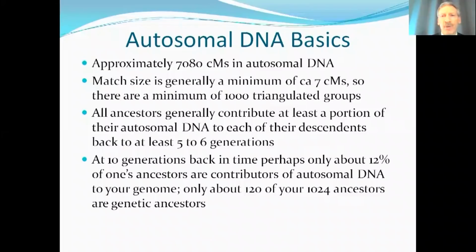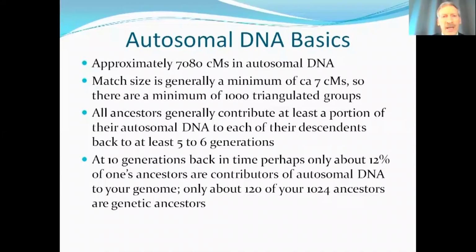You can sometimes go down to 2 to 3 centimorgans in selected situations, but in most people's cases, they're looking at matches over 7 centimorgans. So there's about 1,000 or so different triangulated groups that you can utilize out of your 7,000 centimorgans that you're carrying in your autosomal DNA.